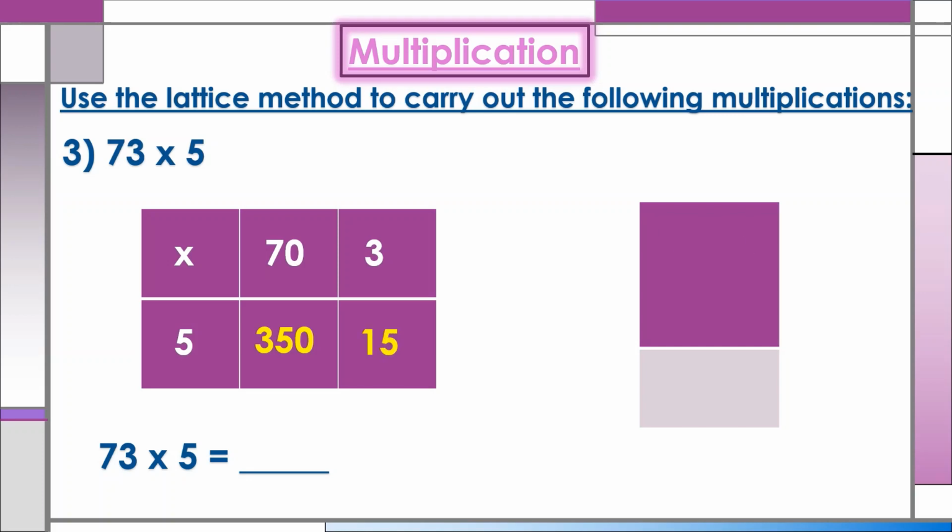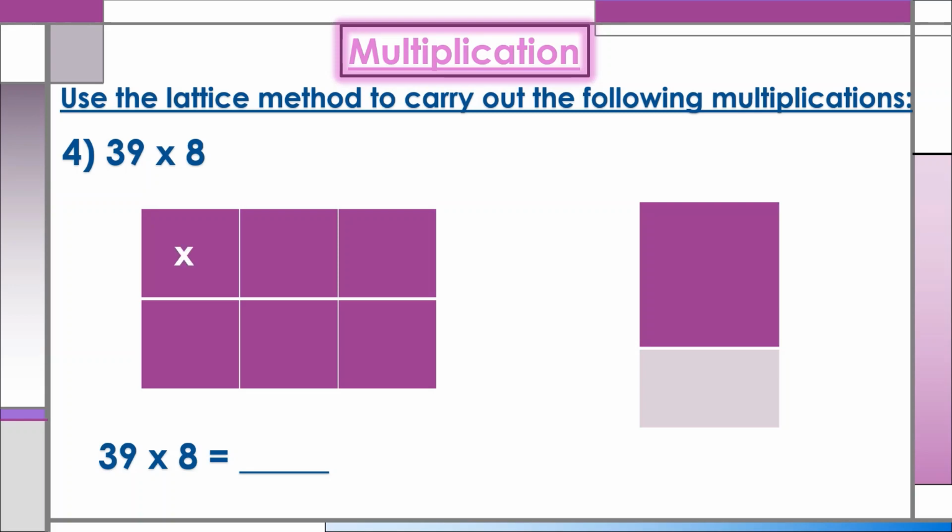Now we add these two numbers. 350 plus 15, 0 plus 5 we get 5, 5 plus 1 we get 6, 3 we write 3 as it is, 365. The answer is 73 multiplied by 5, we get 365.